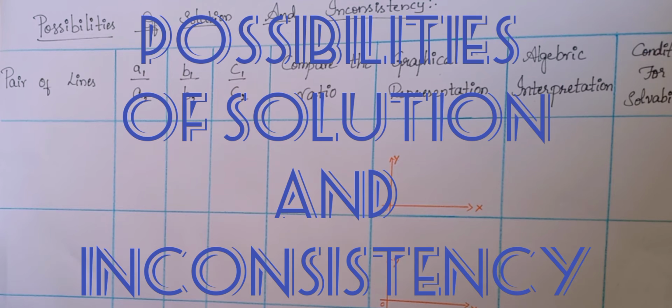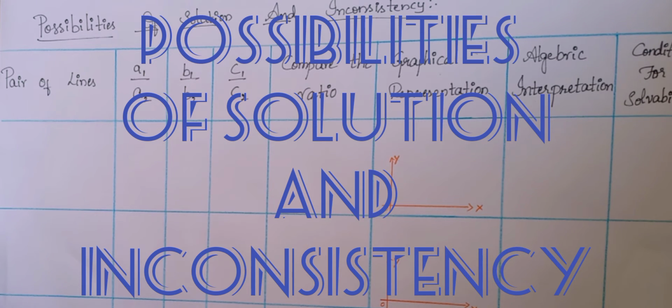I'm Sushma. Today we are going to learn the possibility of solutions and inconsistency of a pair of linear equations. In our last class we studied intersecting lines, coincident lines, and parallel lines, how to draw them graphically and how to get the solution. In intersecting lines we got only a unique solution, just one crossing point, so we get one solution.